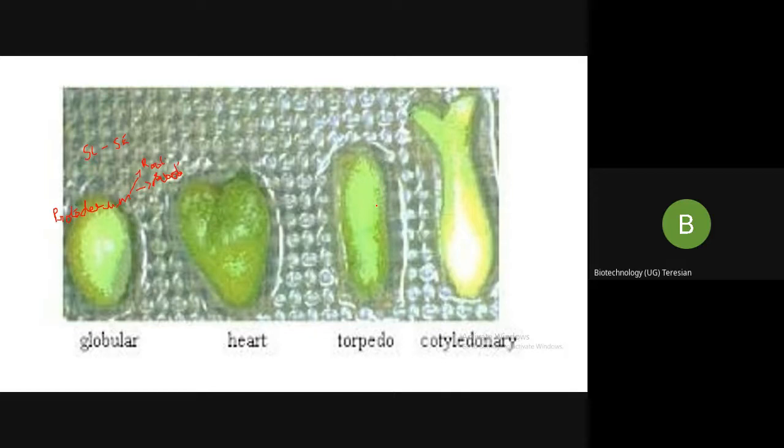And the last one is the cotyledonary stage. Okay, the growth of the embryo in this involves the division of the cells inside the cotyledons ring to form shoot and the root apical meristem. So here what happens? The division occurs in the cotyledons to form your shoot and root meristems.